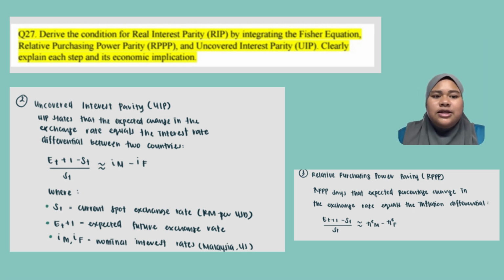It suggests that the expected percentage change in the exchange rate is equal to the interest rate differential, which means the formula is (E(t+1) minus S(t)) over S(t) equals i foreign minus i domestic.